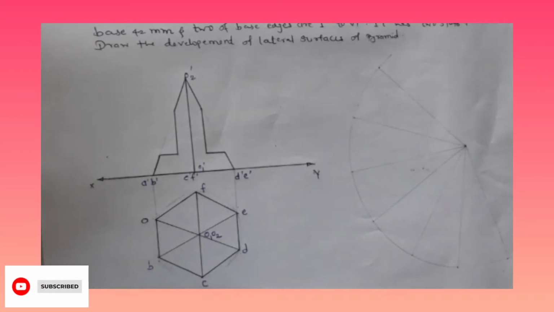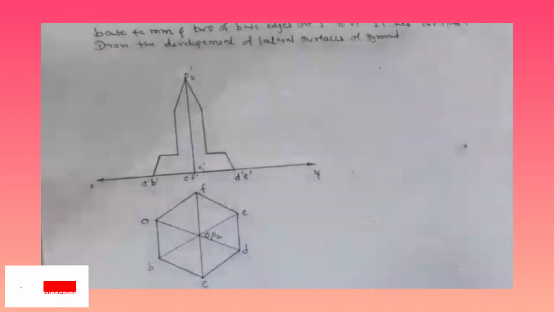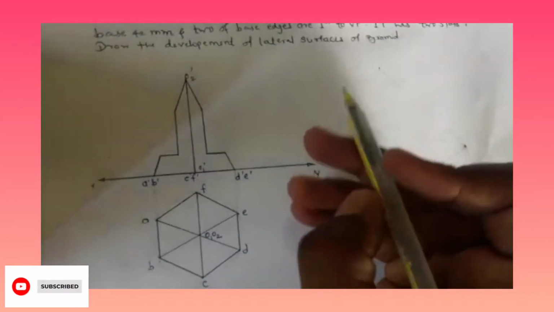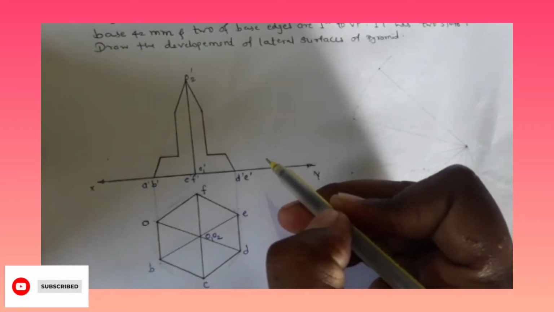Now we have to complete the development. In the front view, these two slots are removed. So first of all we need to locate all the cutting points in the front view. Which are the different cutting points?